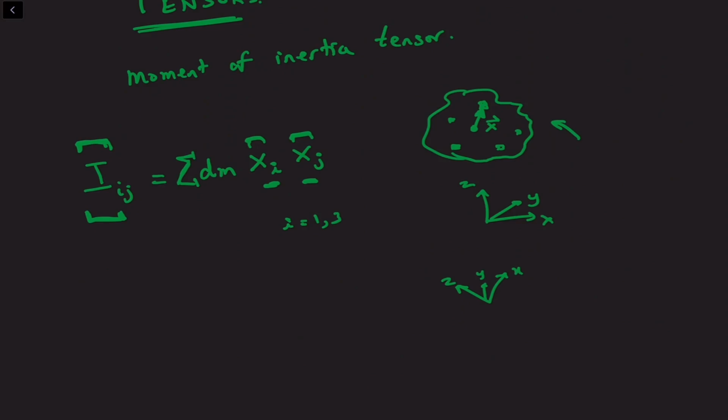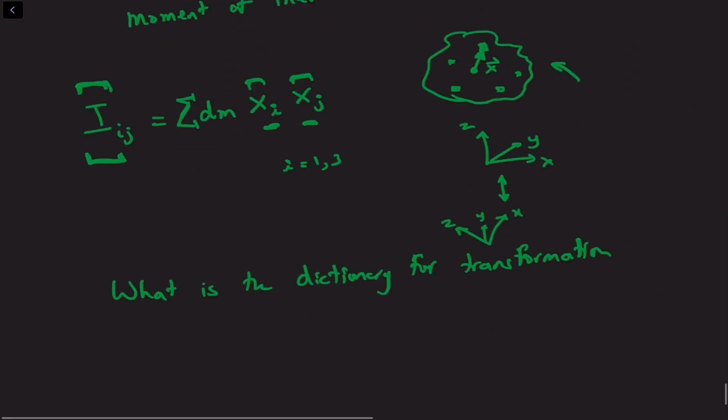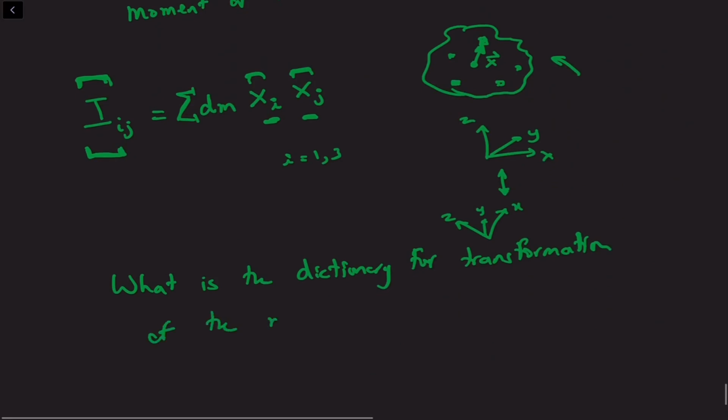So we want to know, how does the moment of inertia tensor transform under a change of axes? Or what is the dictionary for transformation of the moment of inertia tensor under rotations?